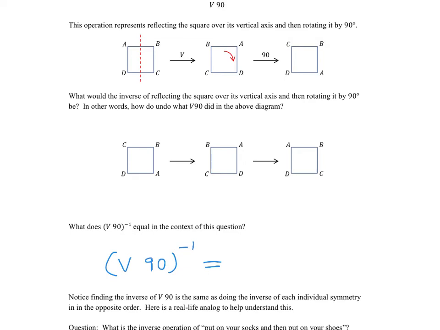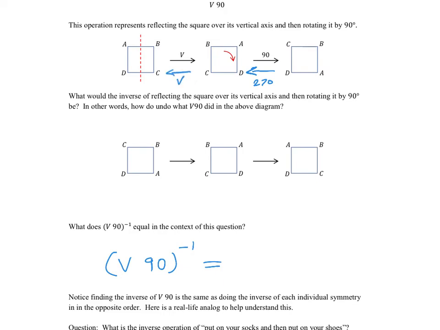Okay, so what we want to think about is how do we go in the opposite direction? So if we start right here, how do we go back to the beginning? So maybe we'll think of these arrows going in the opposite direction. So if we wanted to go backwards, let's think about how we undid 90. Well, that was a 270. And how did we undo V? Well, we just performed another V.